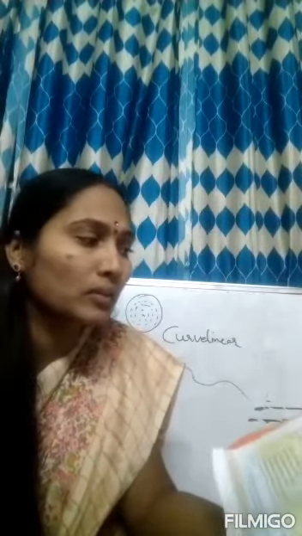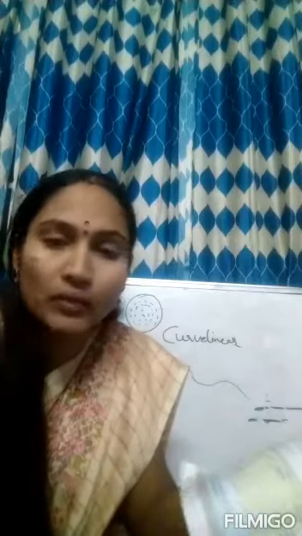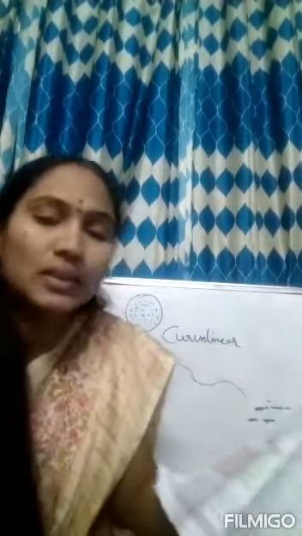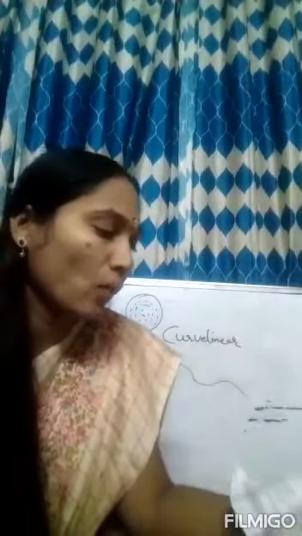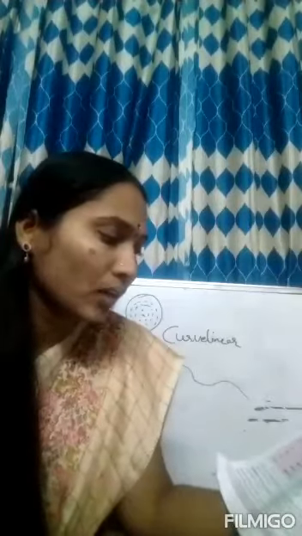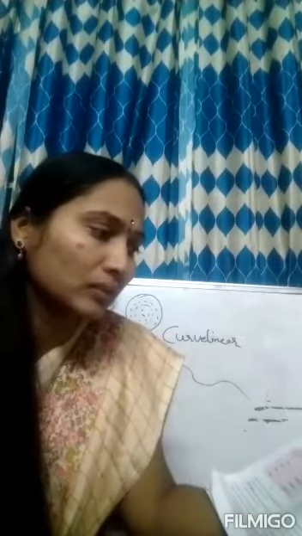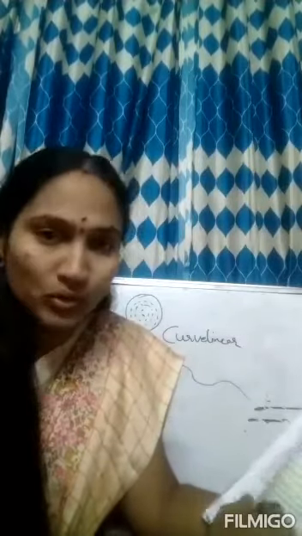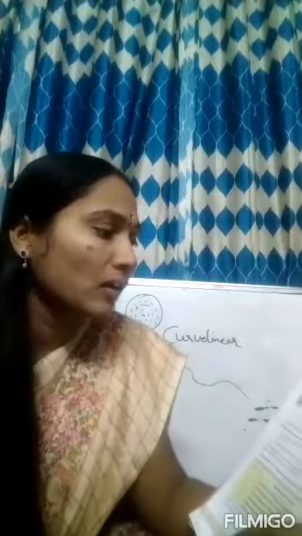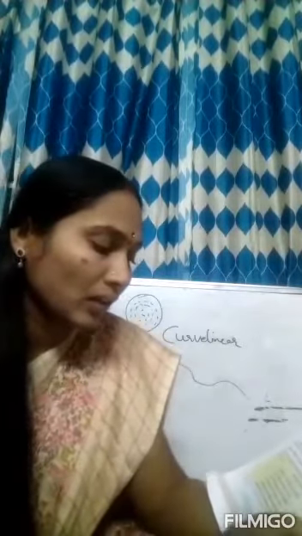This is all about translatory motion. Tomorrow we will learn about the rotatory motion. So once again go through the lesson, and your homework is to write about the types of motion, that is translatory motion, rotatory motion, oscillatory motion, and table number 5 here, this table.